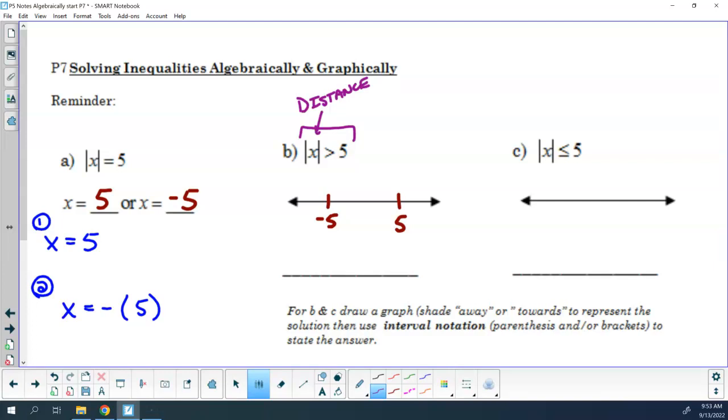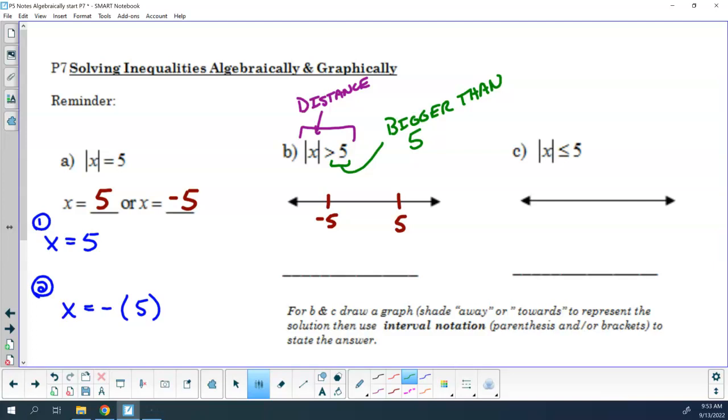The absolute value is the distance part. We want the distance the number is from that to be bigger than 5. That's how I read that.